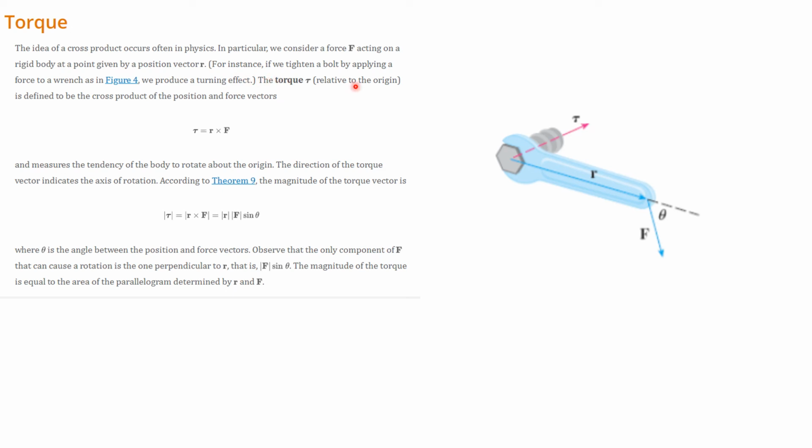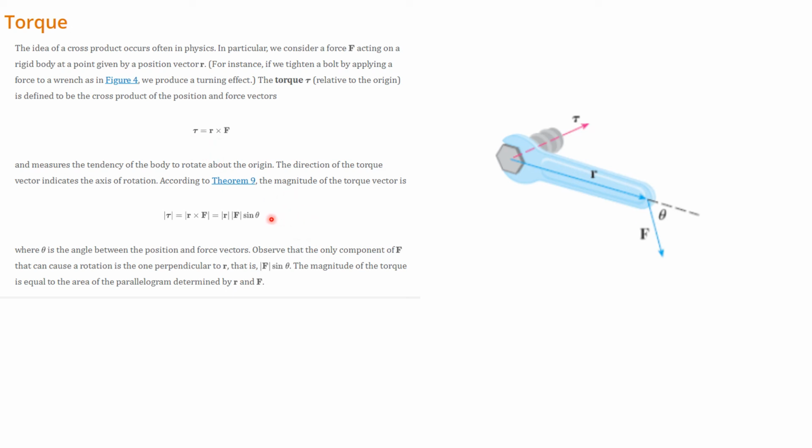For instance, if we tighten a bolt by applying a force with the wrench, we will produce a turning effect. The torque, the Greek letter tau, relative to the origin, is defined to be the cross product of the position vector r with F, and that is tau.